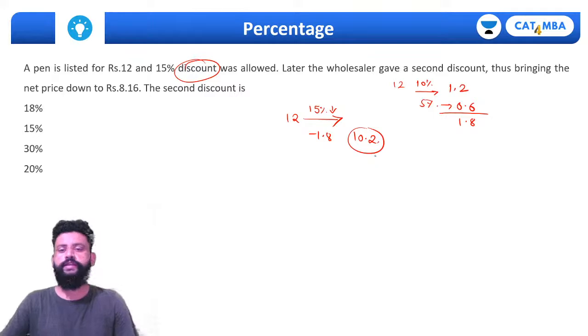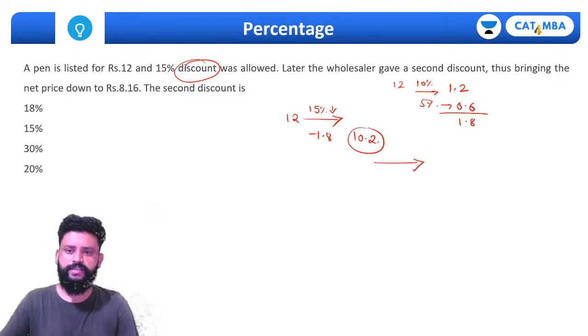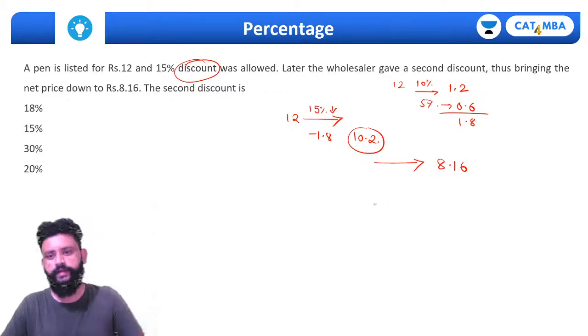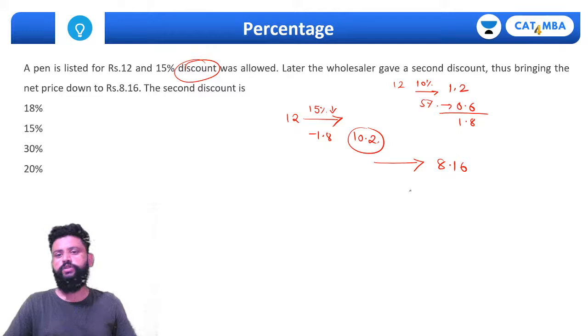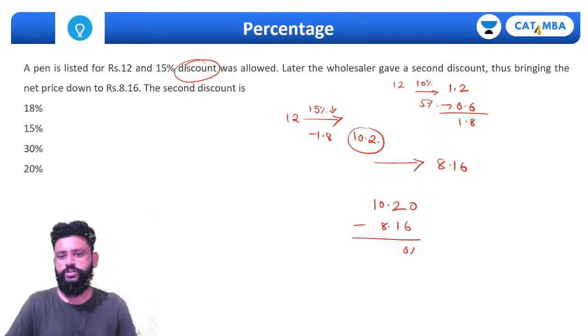Okay, now it is decreased. With the second discount, 10.2 becomes 8.16. Right, so how much is the discount? 10.20 minus 8.16, you can do it, is 2.04.